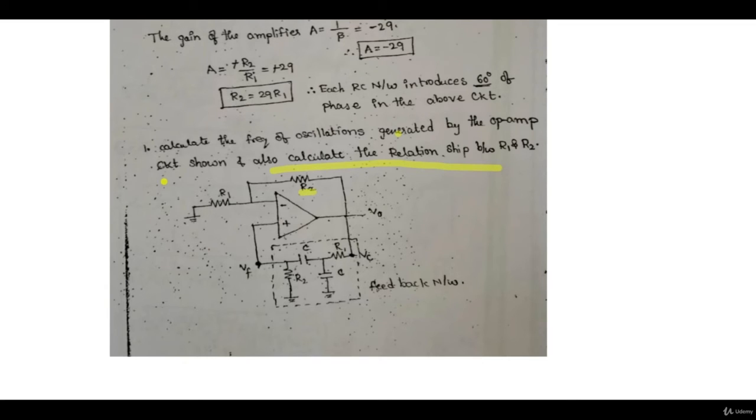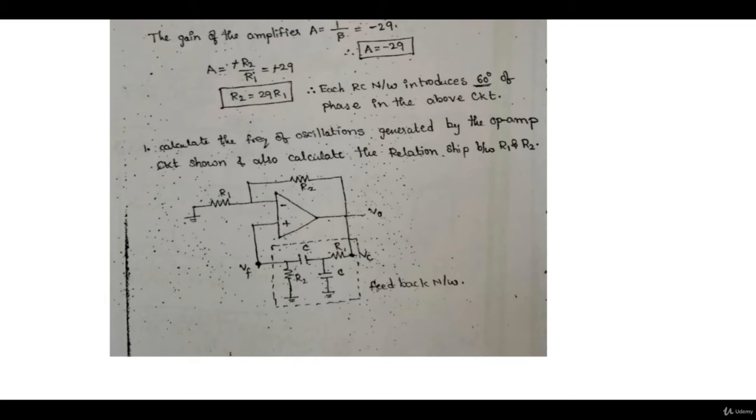So we have to calculate the frequency of oscillation and the relation between R1 and R2. Same stuff we have to do, only one RC is removed here. Okay, in the question you can see one RC is removed. So quickly let's go to the solution. Same stuff we'll do now again.